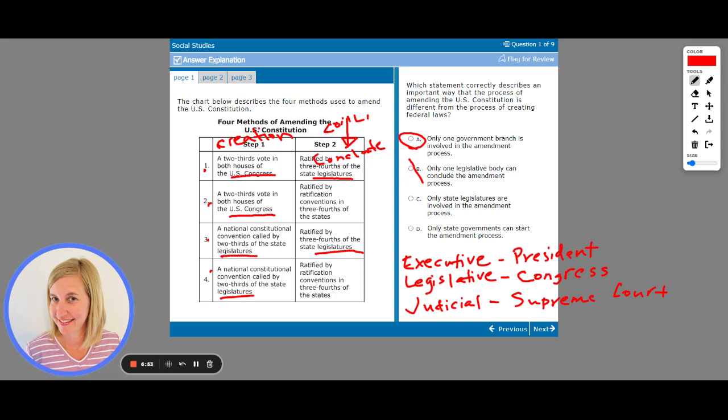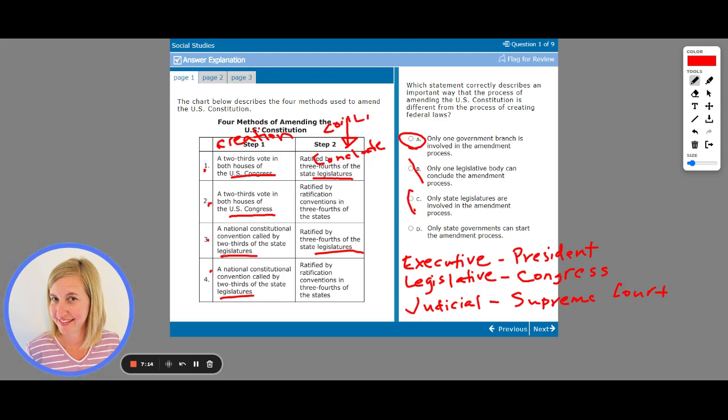Answer choice C, only state legislatures are involved in the amendment process. Well, no, US Congress is the national legislative body. State legislatures are involved, but so is the national level legislative branch. So that is not true. We can cross off C.